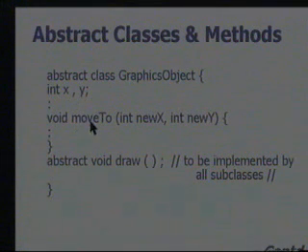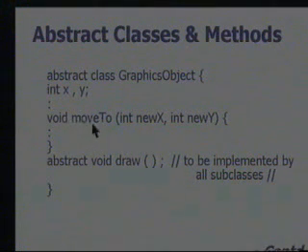We have not given a complete implementation of moveTo because the basic purpose of the lecture is to explain certain concepts. When we say abstract class, it does not mean that none of the methods defined in the class are implemented, but there is at least one method which does not need to be implemented, which will be implemented by its subclass.